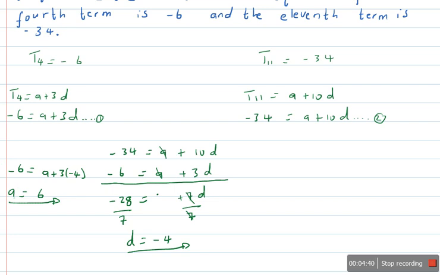So this is A and this is also T1. The question said we must find the sequence. So T1 is 6, for the next term I subtract because my difference is minus 4. The next term is 2, the next term is minus 2. So this is T1, this is T2, and this is T3.